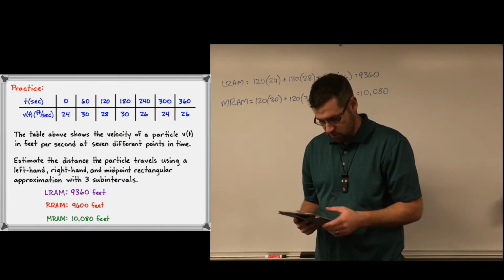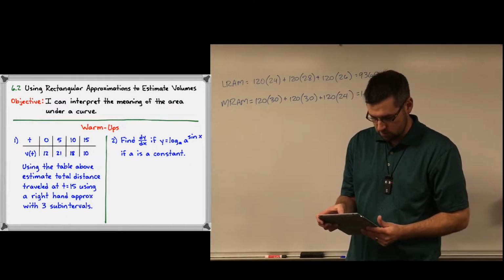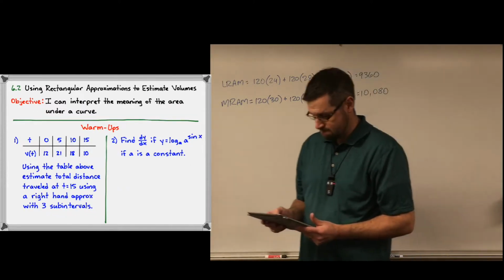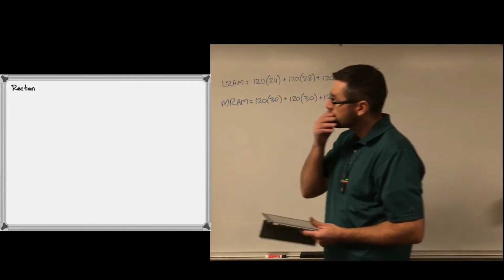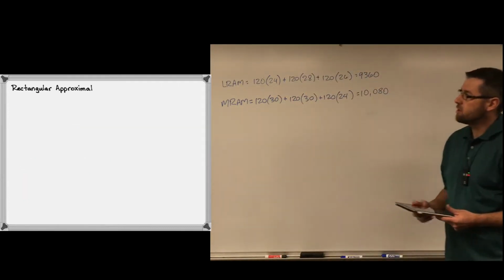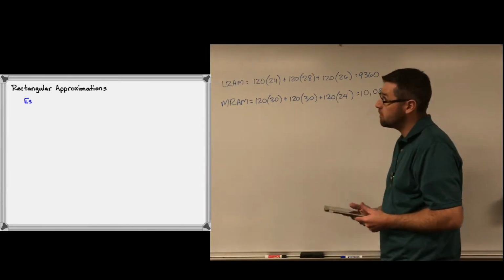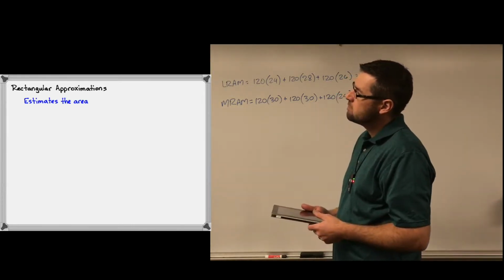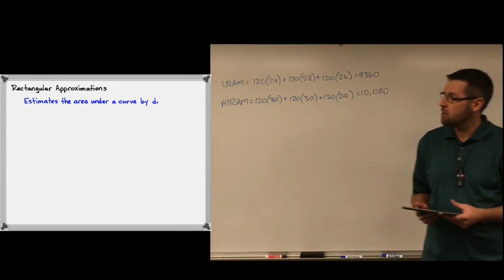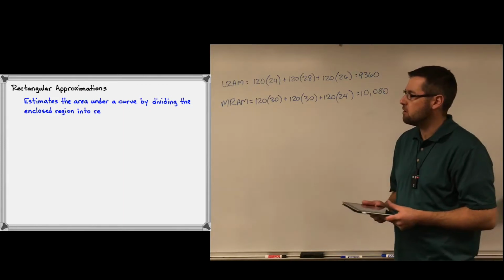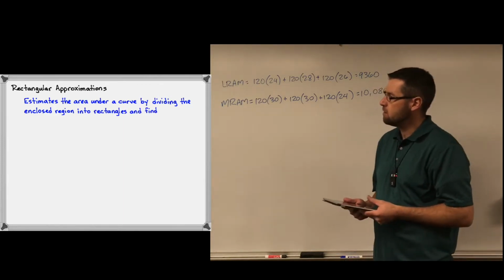Now, let's continue on in our adventure of calculus. Now we'll put some words to what we've been doing, okay? There's where it comes from. Rectangular approximation. So you have left hand, right hand, and midpoint, okay? So it estimates the area under a curve by dividing it into rectangles, just like what we talked about yesterday. Okay?